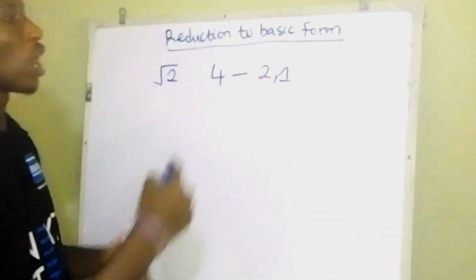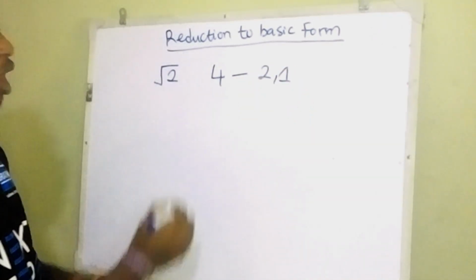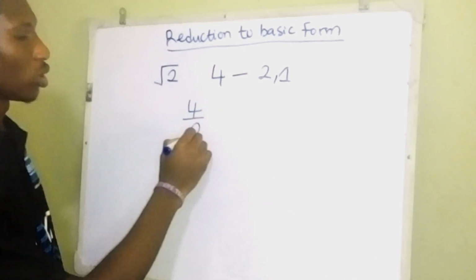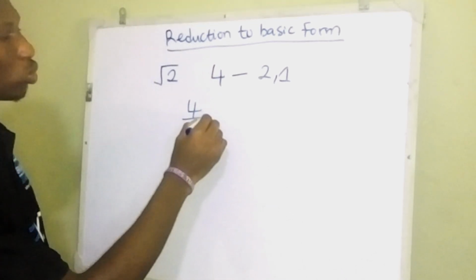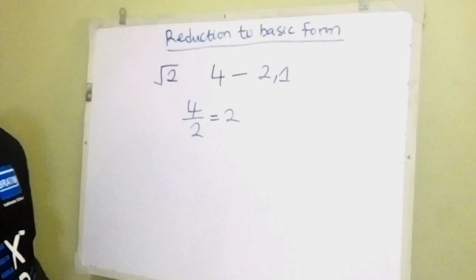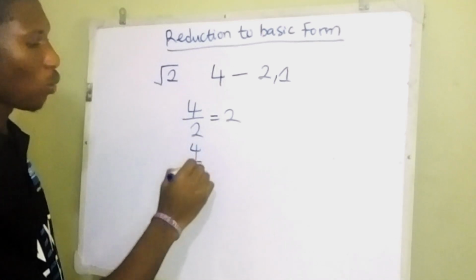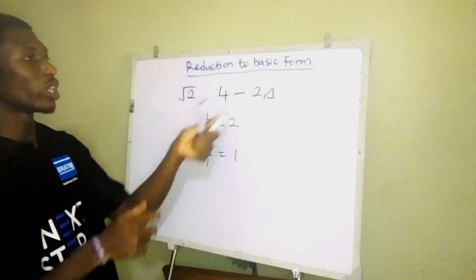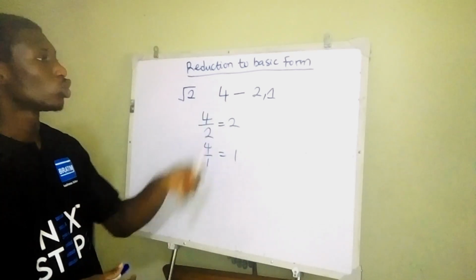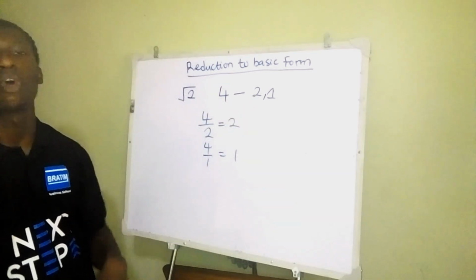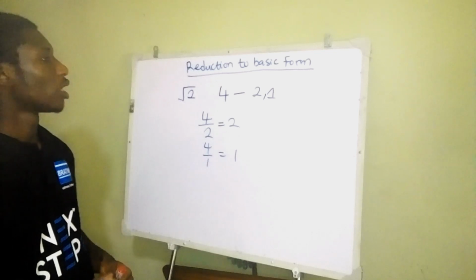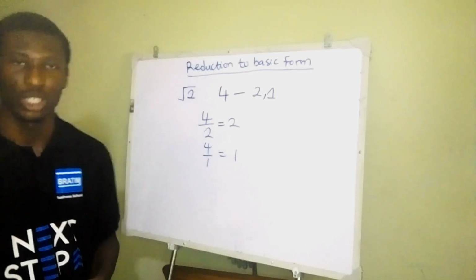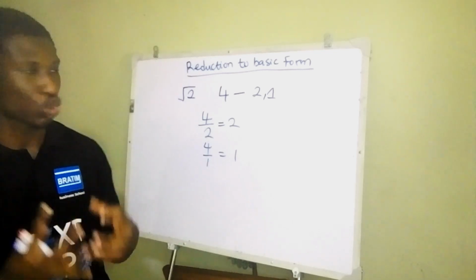So 1 and 2 are factors of 4 because 4 divided by 2 is equal to 2, and 4 divided by 1 is equal to 4. So 4 can be divided by 2 without a remainder. Therefore, 2 is a factor of 4.